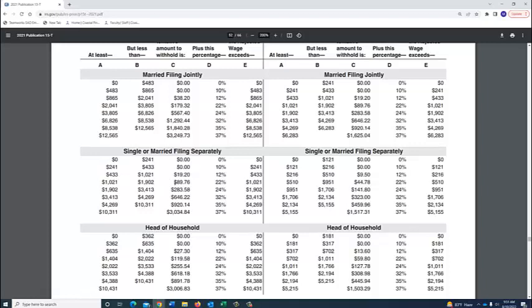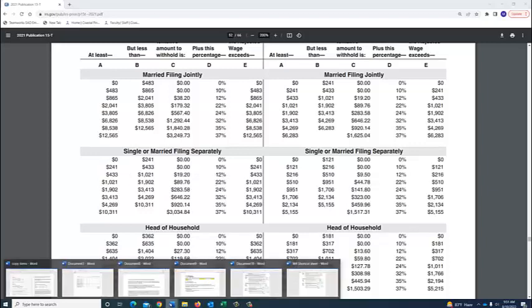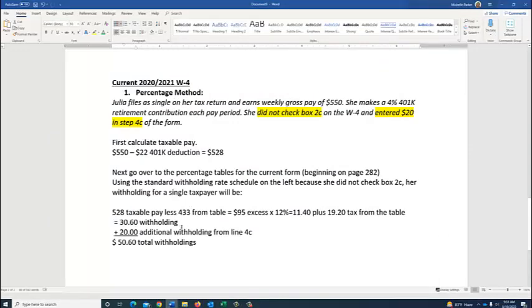We just need to calculate the tax on the excess over $433, and we're going to tax that at 12%. So let's look at that calculation. 528 less 433 from the table gives us $95 in excess earnings over 433, and those are taxed at 12%.